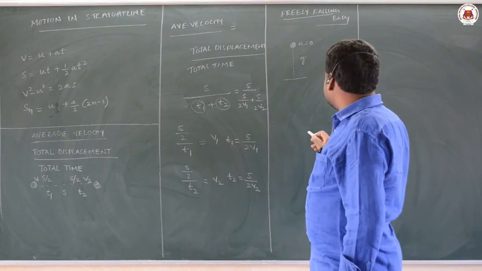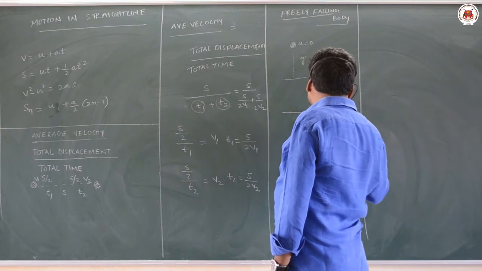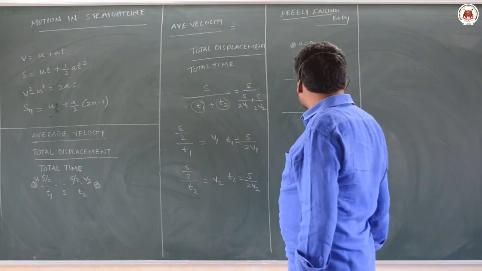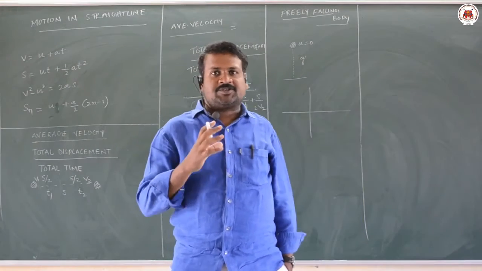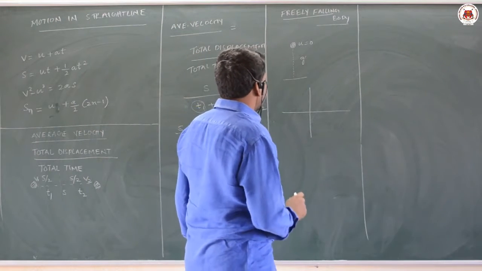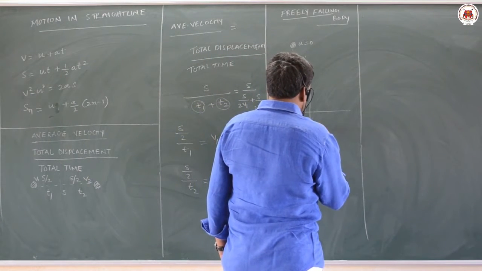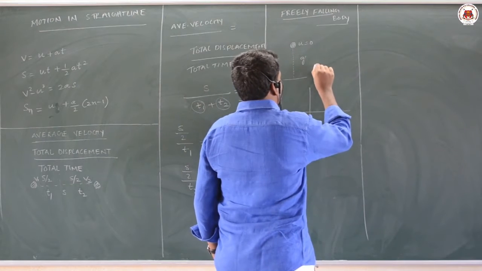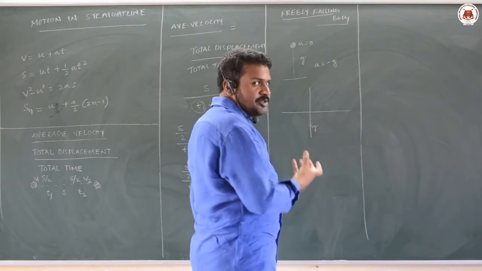Then if you take sign convention, to solve any kind of question, the sign convention you take while solving the problems is very important. The sign convention here is: g is acting down, so I will take acceleration as minus g, because it is coming towards negative y.